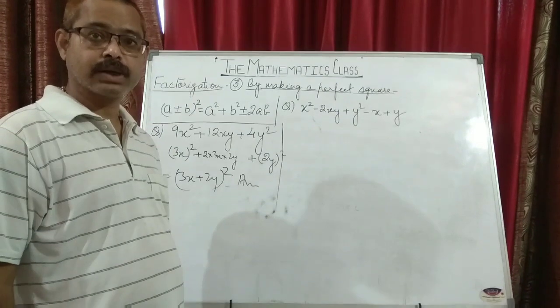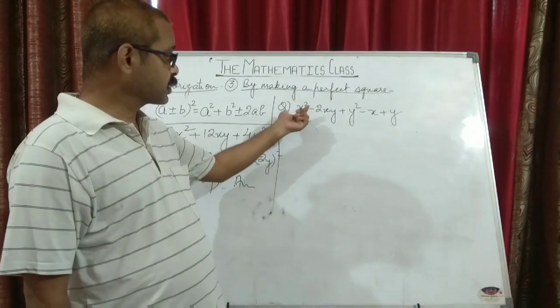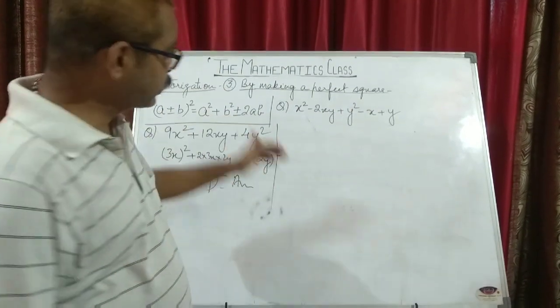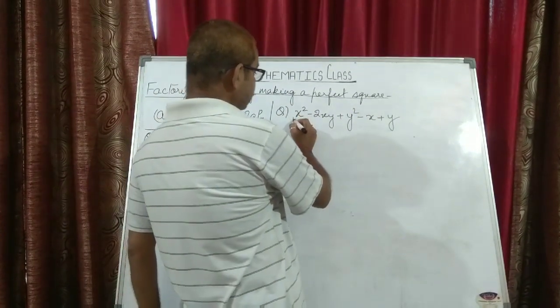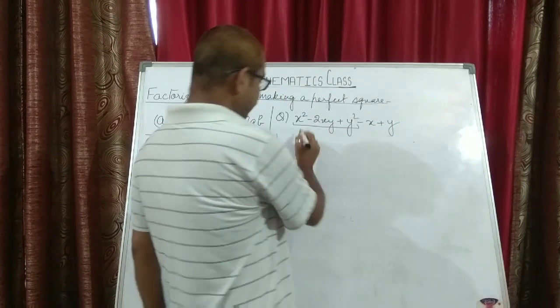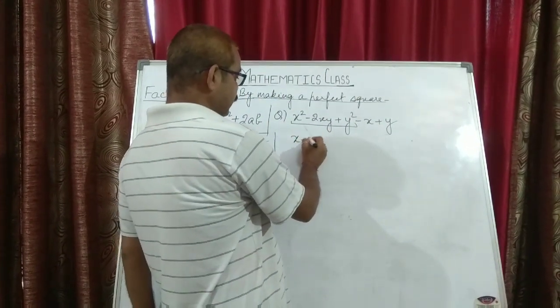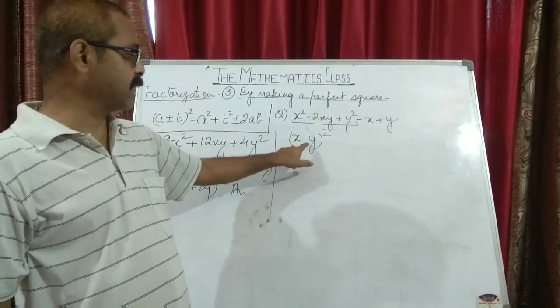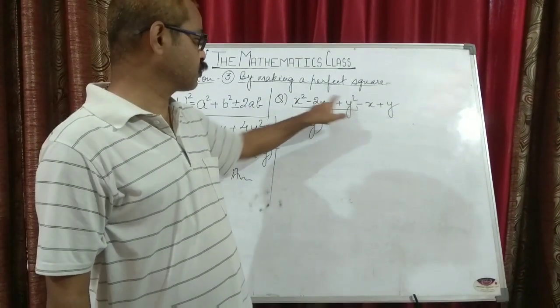Next question, I have taken x square minus 2xy plus y square minus x plus y. Now in this, if you concentrate on the first three terms, it is x minus y whole square, because we know that a minus b whole square is a square plus b square minus 2ab.